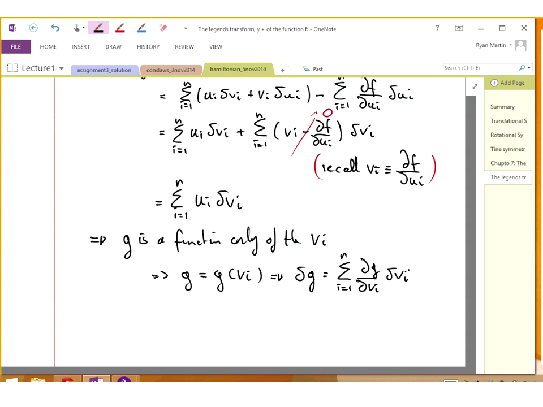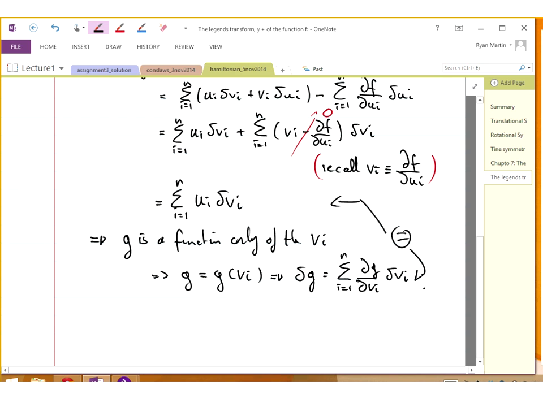That's simply the chain rule, since g is only a function of the v_i. But the thing that we have on top is also delta g. So these two must be equal to each other.